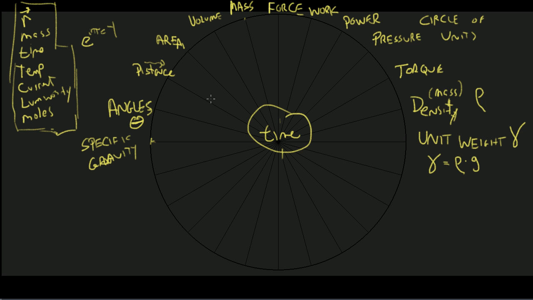And so you have, again, 13 things. Specific gravity, radians or angles, then distance, area, volume, mass, force, work, power, pressure, torque, mass density, and then unit weight. 13 things, and the whole concept of adding time in here to make it 14.